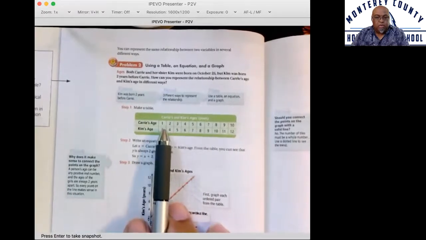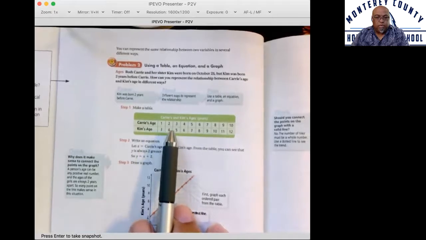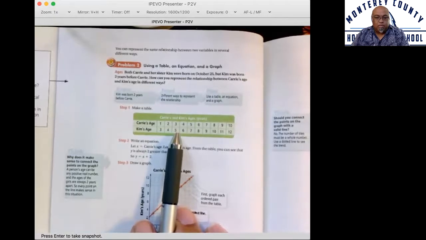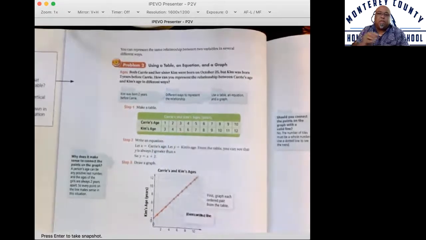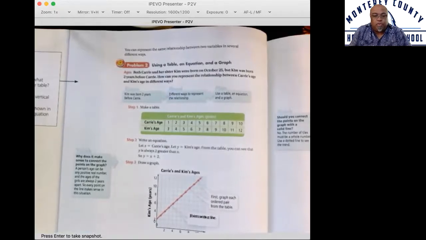When Carrie is 1, then Kim is 3. When Carrie is 2, then Kim is 4. Carrie is 3, Kim is 5. So each time you add 2 to Carrie's age to get Kim's age. So Kim's age can be defined as Carrie's age plus 2 because she's 2 years older than her sister.